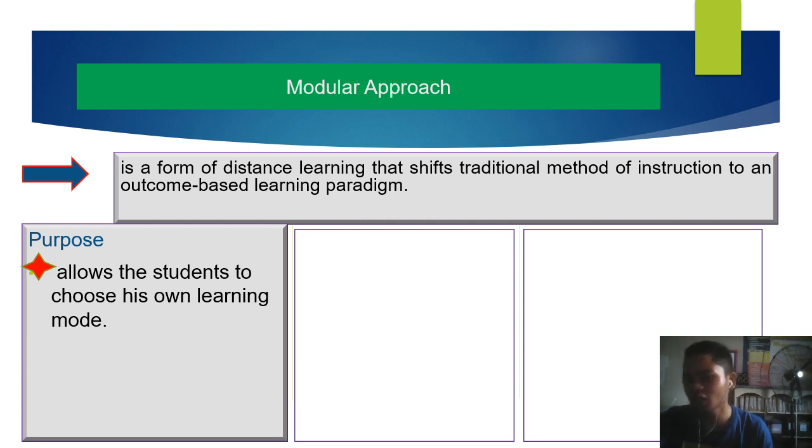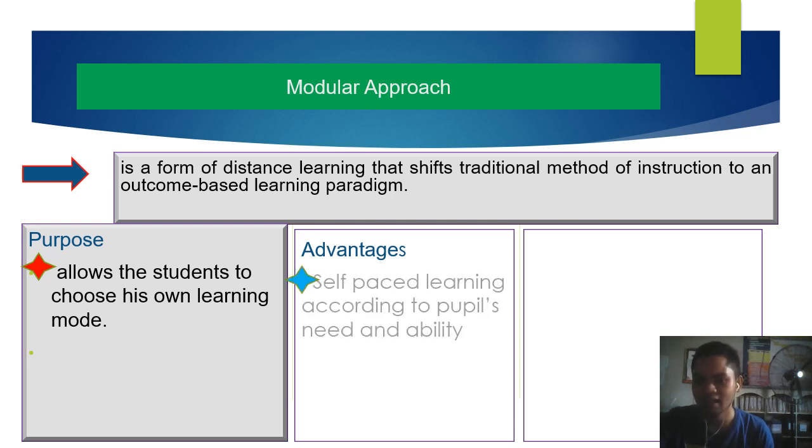In the modular approach, students are given free will on where and what time they will learn. And then next, it allows the students to proceed at their own rate and emphasizes individualized learning. That's the modular approach.